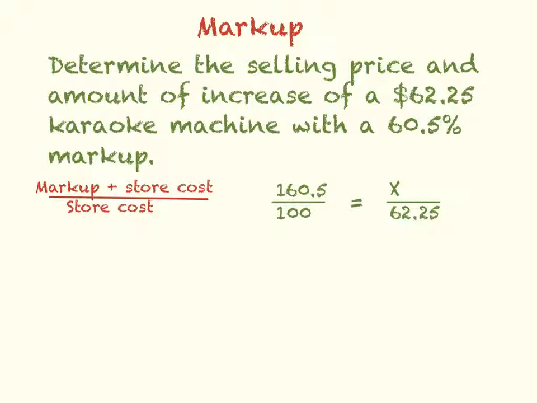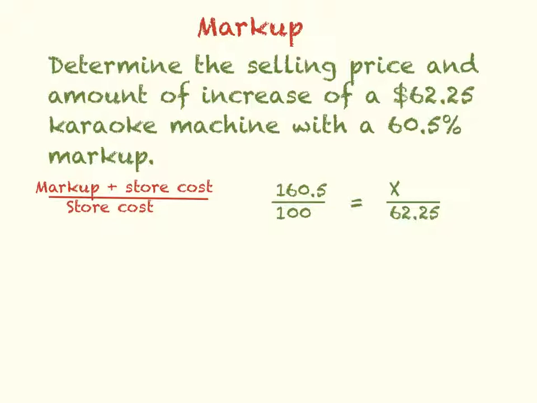I have the markup, which is 60.5% plus 100%, which is what the store paid for their item, all over the store cost of 100%. That's going to be equal to our X value, which represents our money side of markup plus store cost, over what the store paid for the item.